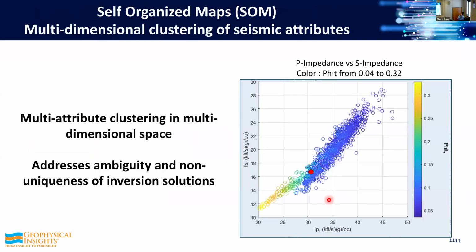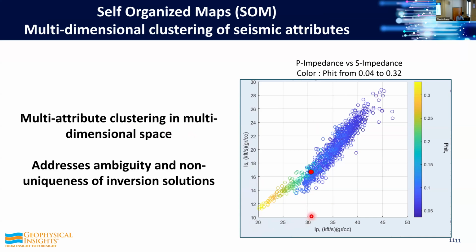Okay, another important thing about the self-organized maps, we already mentioned that it's not a process that is dependent on forward modeling, on physical models, is that it is a multi-attribute clustering technique in multi-dimensional space. What does that mean? Let's say that we do a seismic inversion, and we are so good and we have such a good software that we're going to get exactly the logs at the wells.